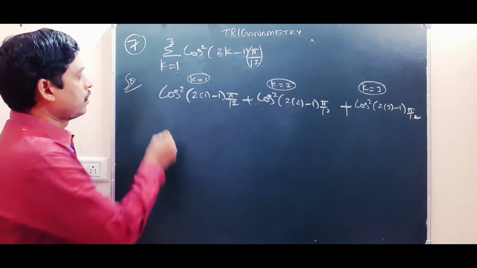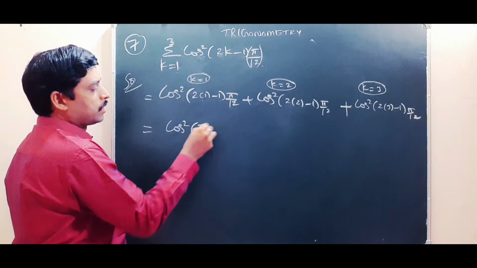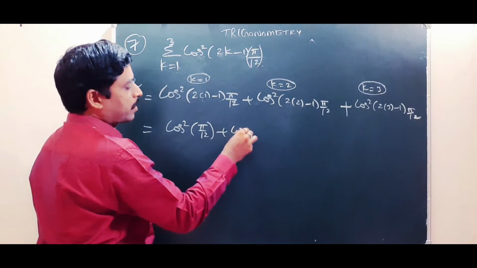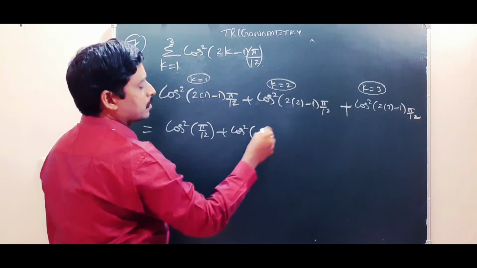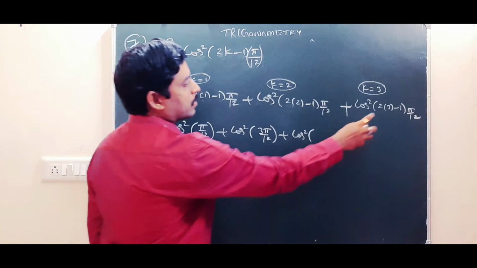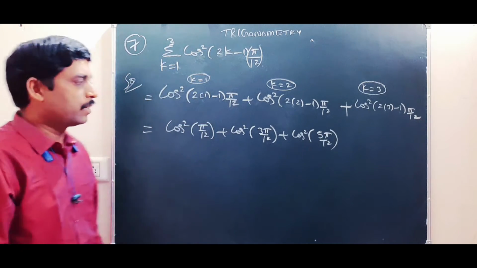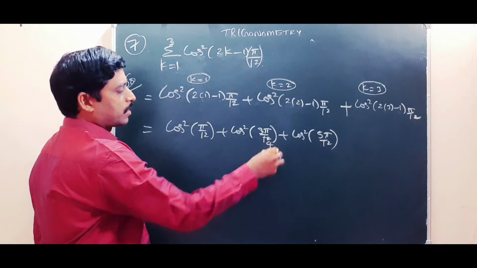Okay. Now it will be cos square pi by 12, plus cos square (4 minus 1) that is 3 pi by 12, plus cos square (6 minus 1) that is 5 pi by 12. Okay. So the 3 pi by 12 is left.